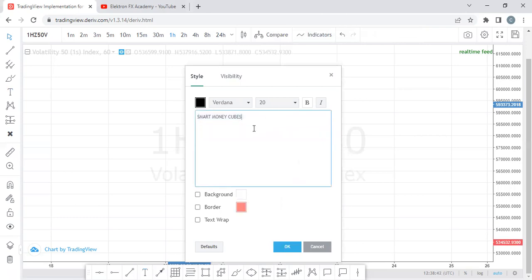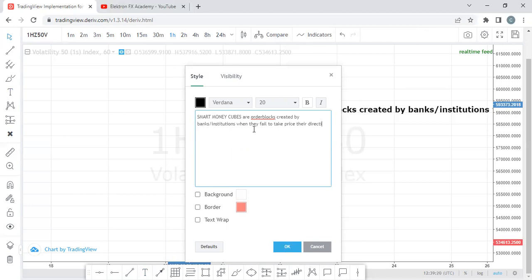So smart money cubes are order blocks created by banks or institutions, such as hedge funds and all of that, when they fail to take price in their direction.